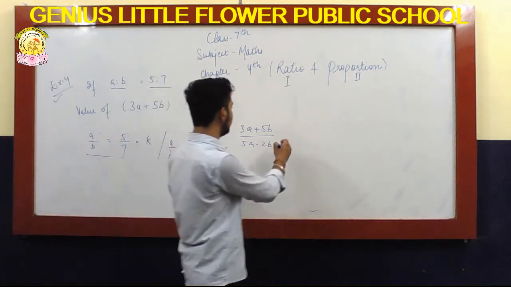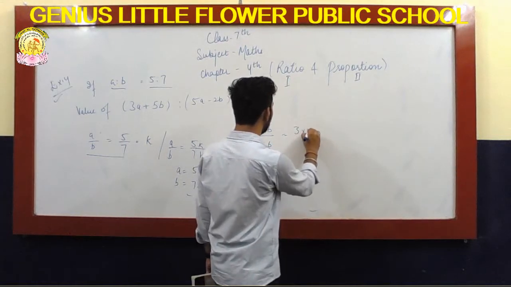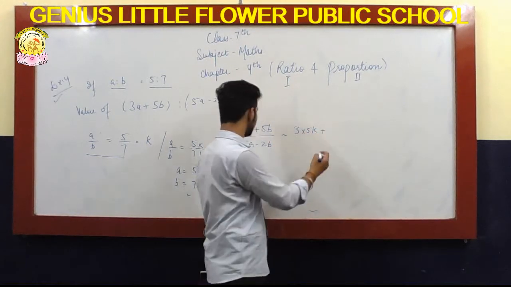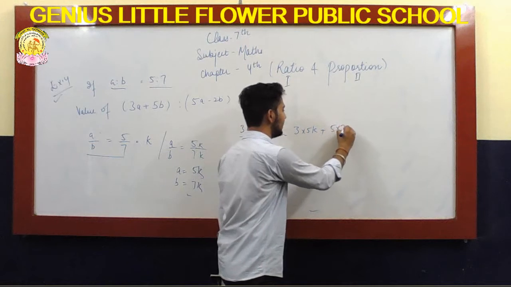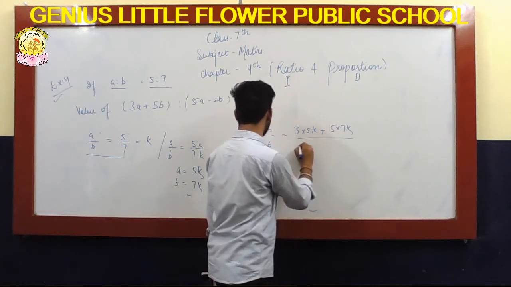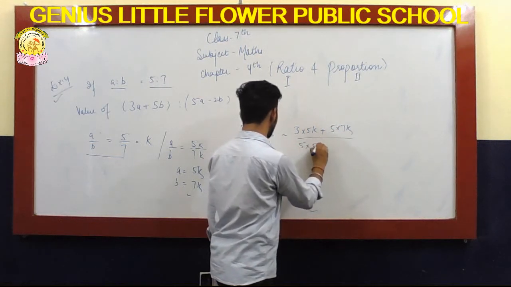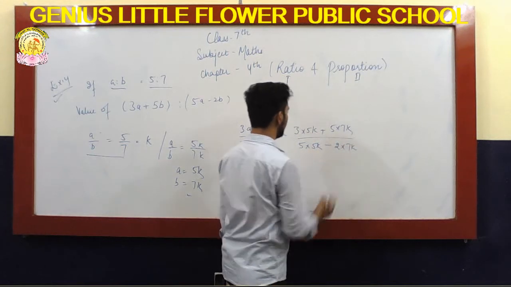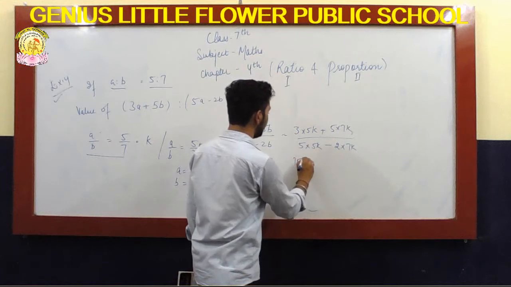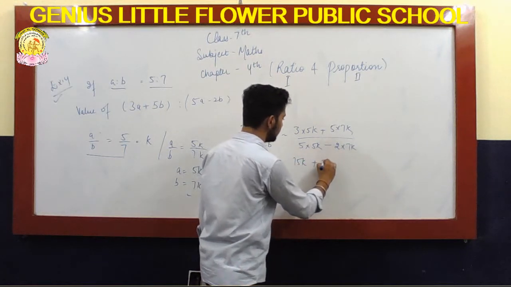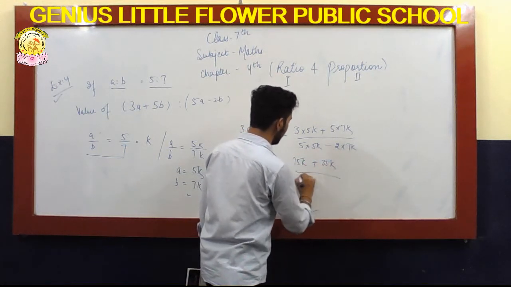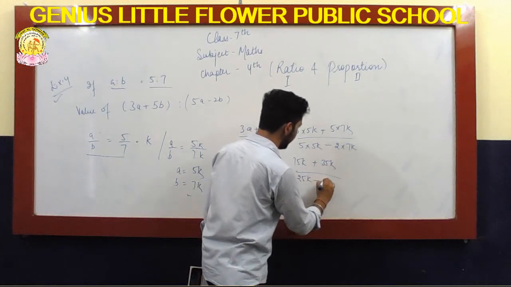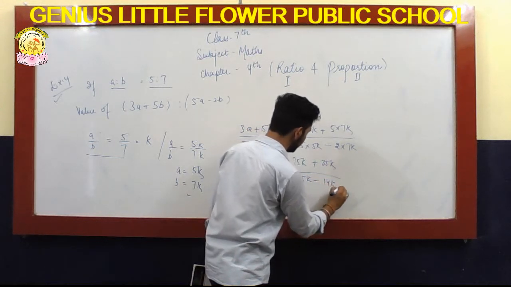So you get 3 into 5k plus 5 into 7k divided by 5 into 5k minus 2 into 7k. Now solve it: 15k plus 35k over 25k minus 14k.